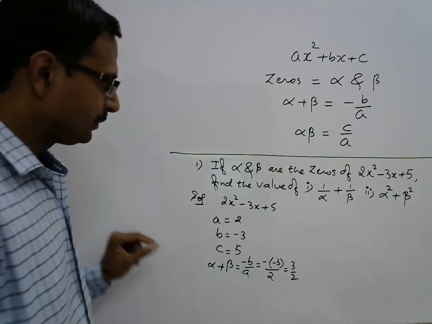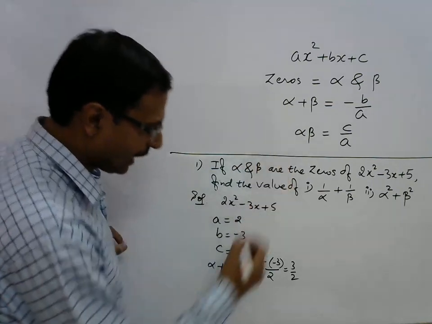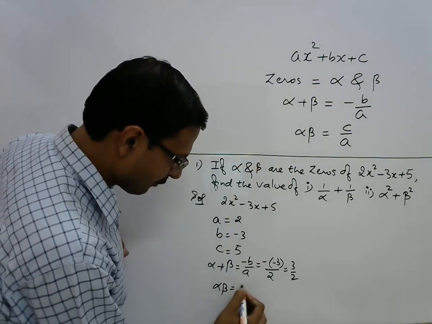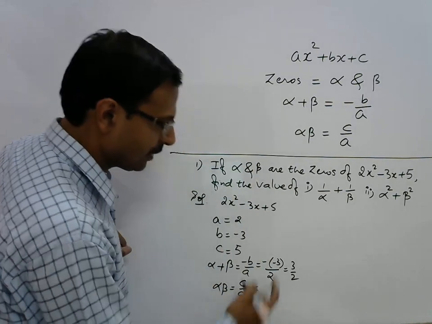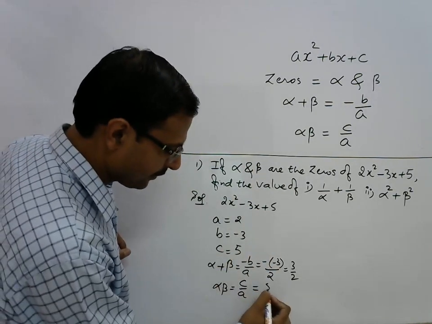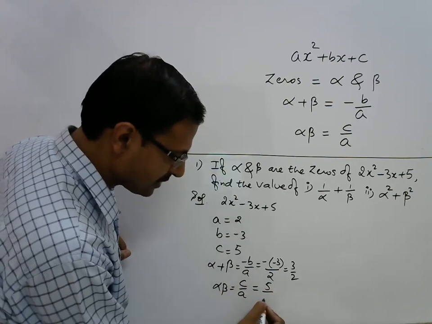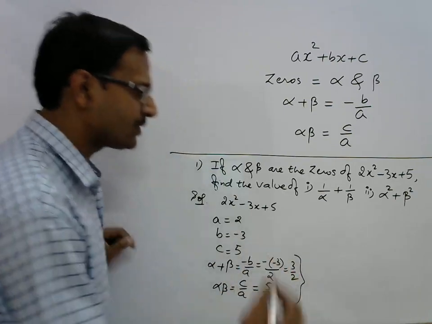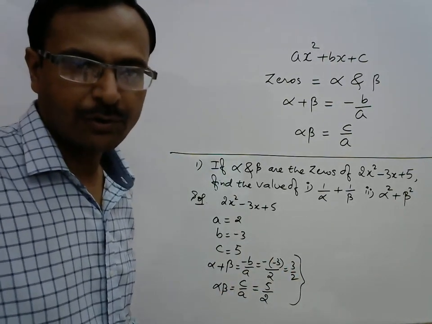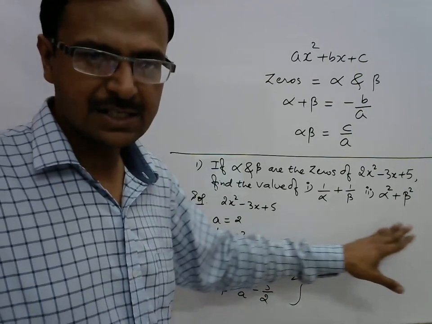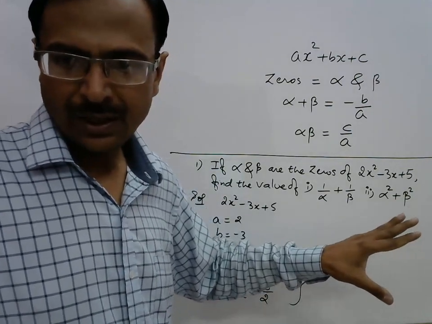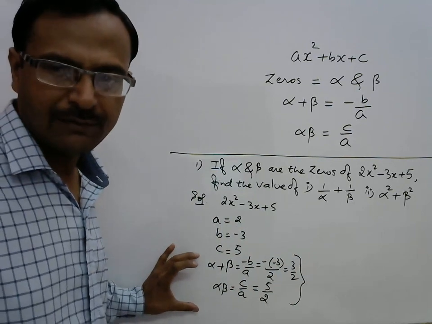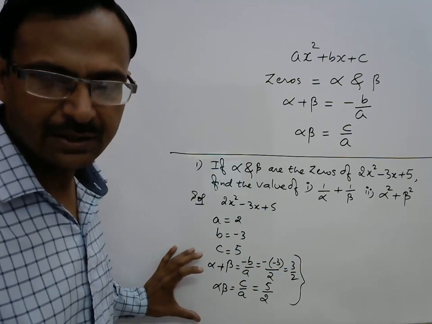Now come to the second relationship, alpha beta. The formula is c upon a. What is the value of c? 5 upon a. The value of a is 2. So these are the two relationships which we will be using for finding the values of desired expressions. I hope finding the value of alpha plus beta and alpha beta is clear to you.